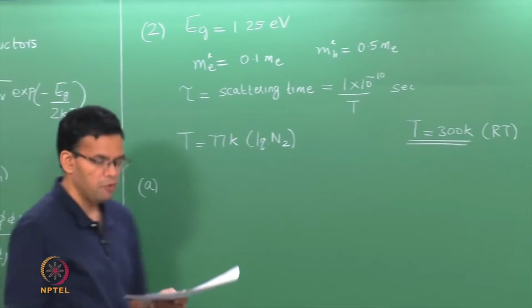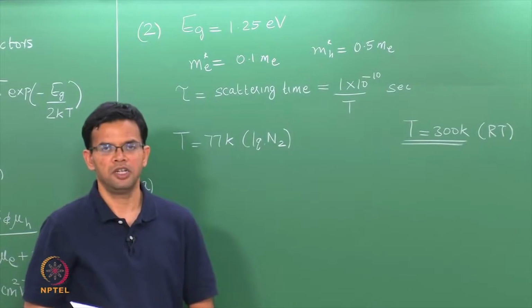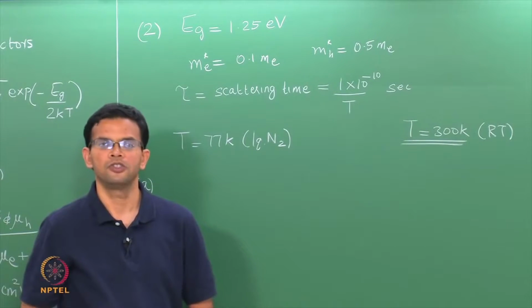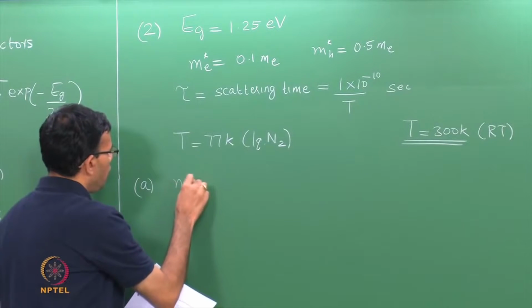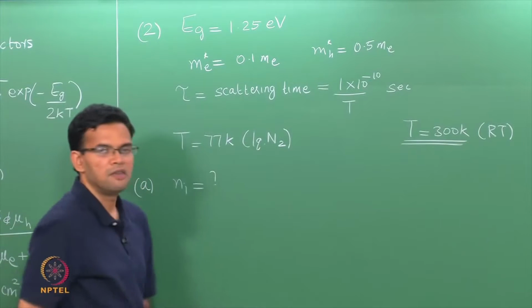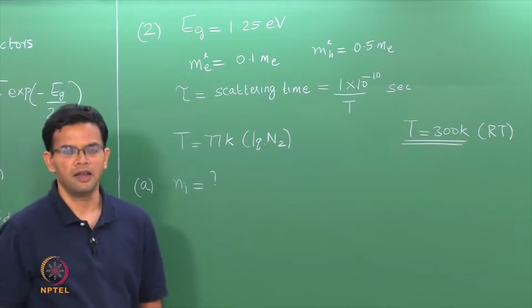The first one we want to find is the concentration of electrons or holes. Because this is a pure semiconductor, what we want to find is the value of the intrinsic carrier concentration.